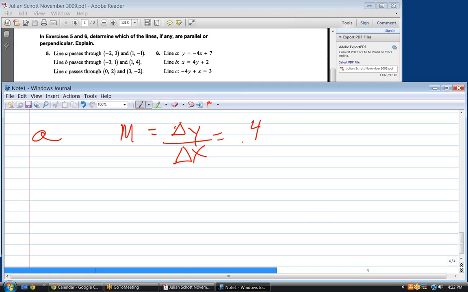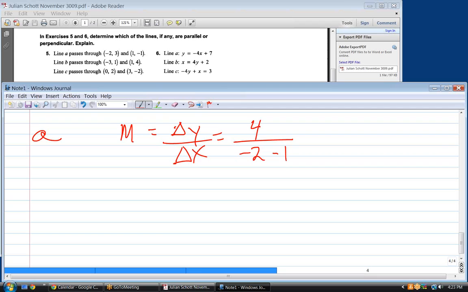Yeah. The only thing you have to be very careful with is that you go the same direction. You cannot switch up the directions. Since we did 3 minus the -1, we cannot now do 1 minus the -2. That would be going in the opposite direction. So the bottom has to be -2 minus a +1.